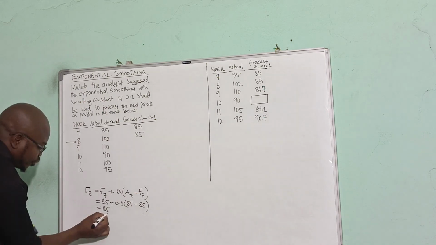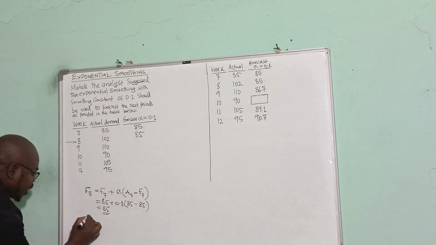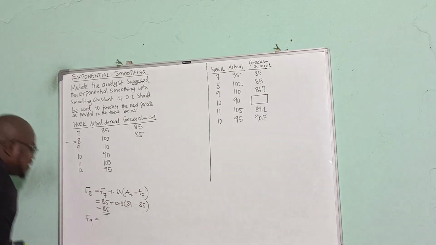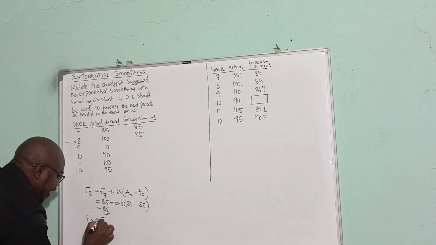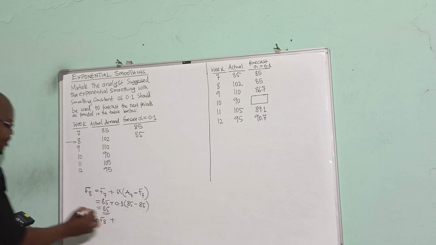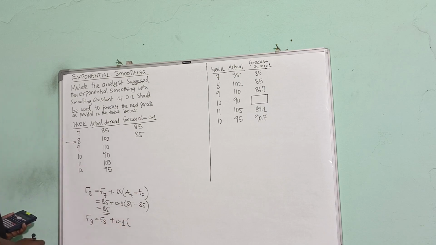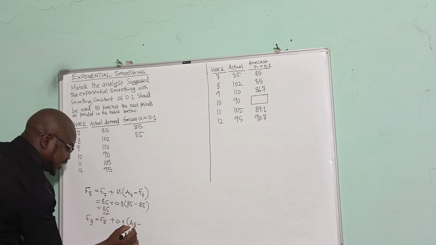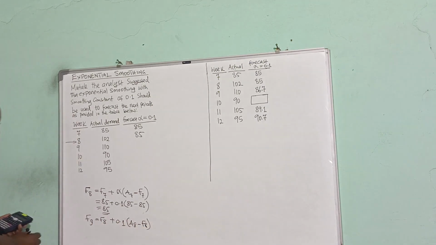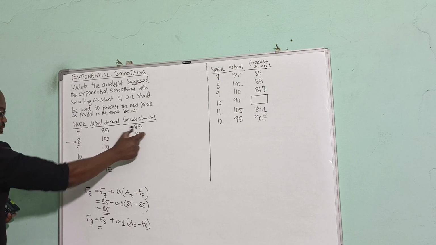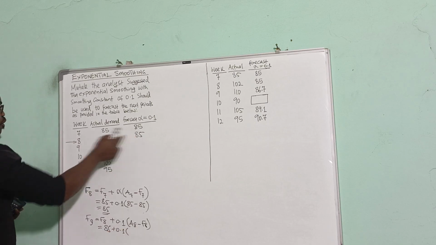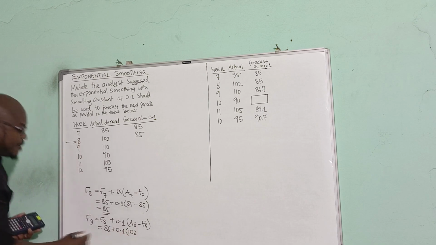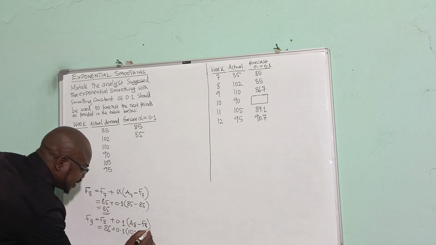Now I'm forecasting period 9. I guess now you understand what is happening. If I'm forecasting period 9, I need the values for period 8, meaning I'll need the forecast for period 8 plus the constant factor, open brackets, and then actual for period 8 minus forecast for period 8. Forecast for period 8 is 85, plus the constant factor, open brackets, actual for period 8 is 102, minus forecast for period 8, which is 85.